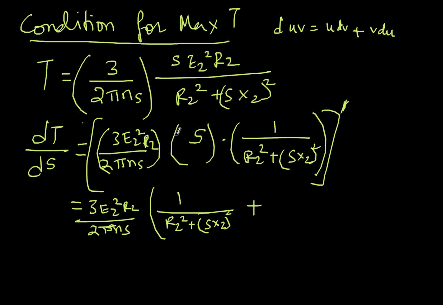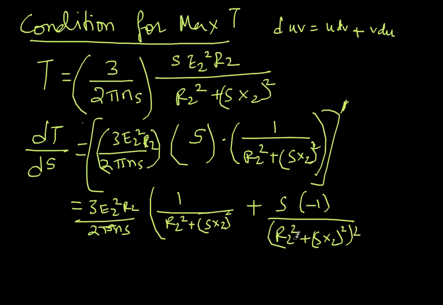Now plus, S as it is, and I want to differentiate this term. Differentiation of 1 by something will have a minus 1, and in the denominator it will become a square, again a whole square.